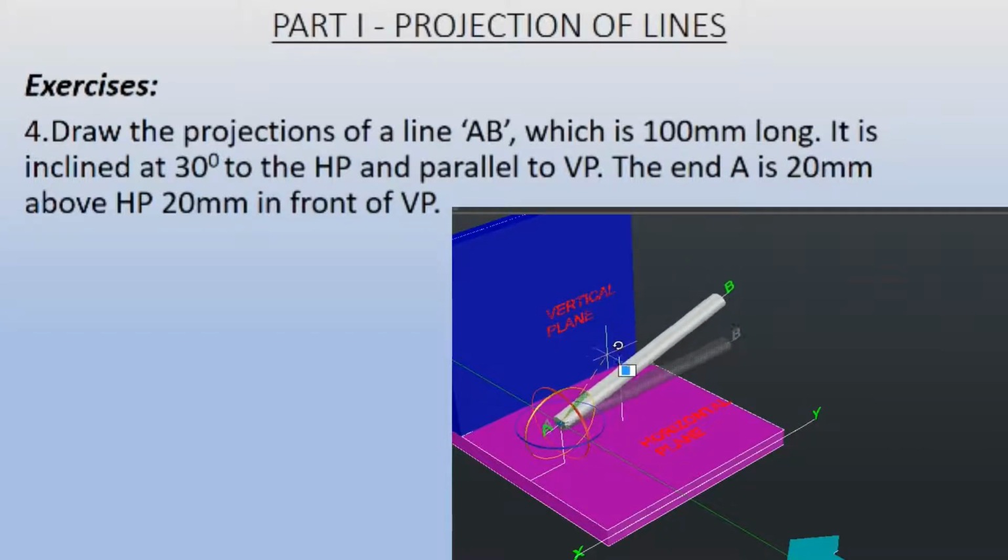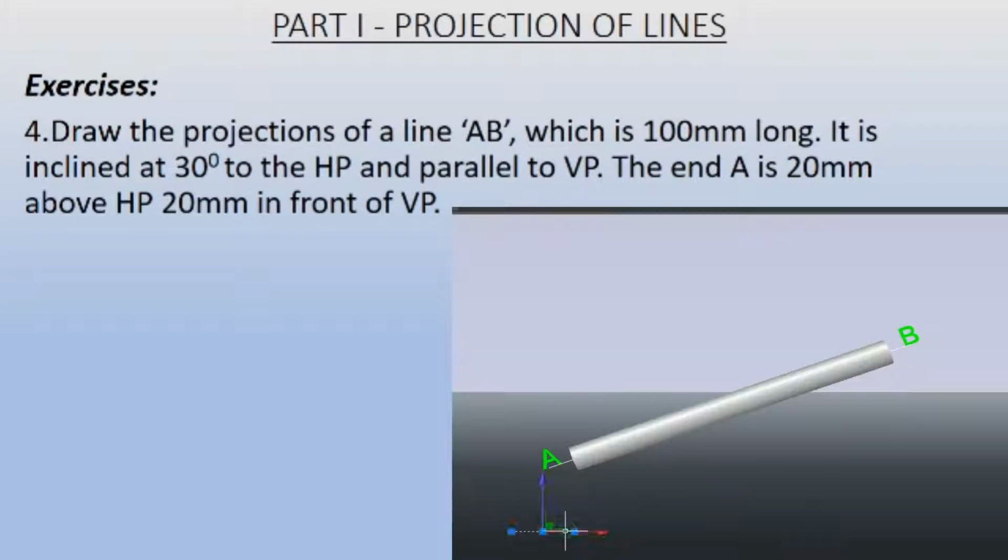So you see that I am making the angle with respect to the horizontal plane, that is why it is rotating in this fashion, and in any position it is parallel to the vertical plane. I'm only changing the angle with respect to the horizontal plane. So let's say the angle 30 will be here.